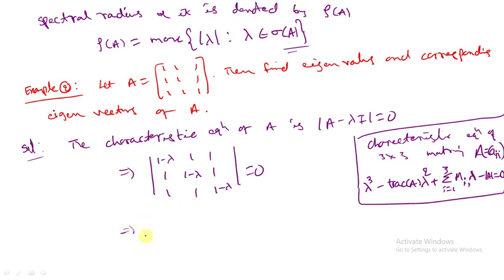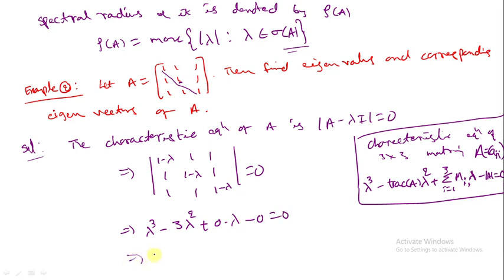Now observe here, this is lambda cubed minus trace times lambda squared, plus the minors of diagonal elements. If you remove the second row and second column, the minor is 0. So the sum of minors of diagonal elements gives 0 times lambda. All the columns are dependent, so the determinant is 0.